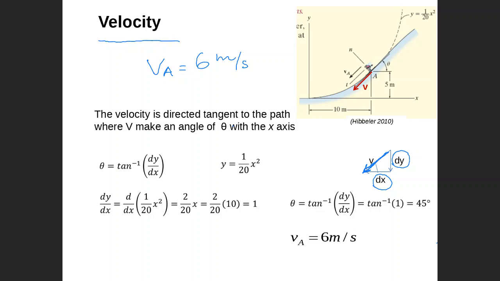Obviously, the angle with respect to horizontal will be arctan of dy to dx. Basically, this is the first x derivative of the equation of the path.